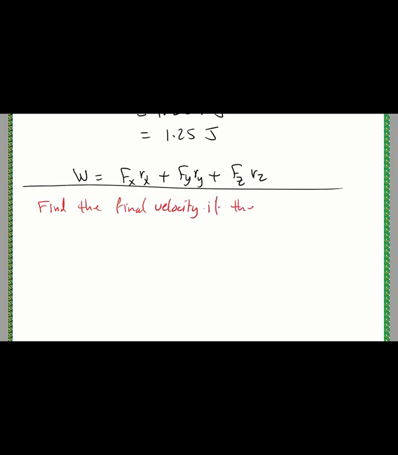If the object starts at rest. After you find W, you do that equal delta K. W equals delta K, which is 1/2 m V final squared minus V initial squared, times 1/2.